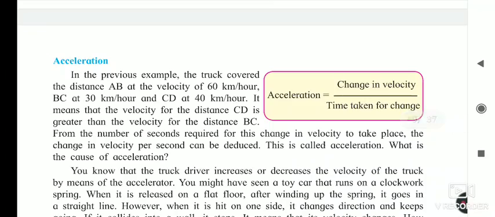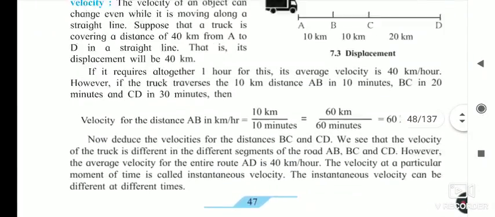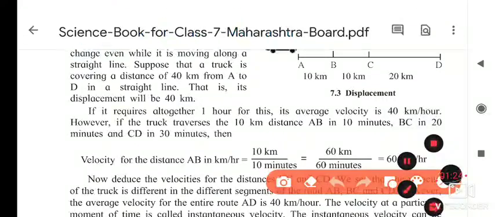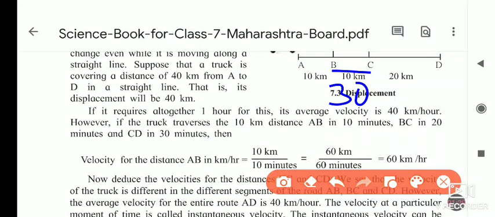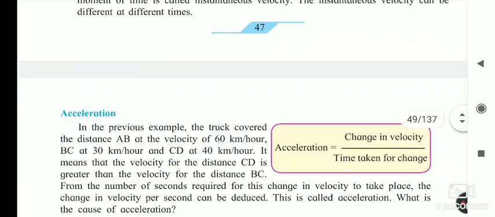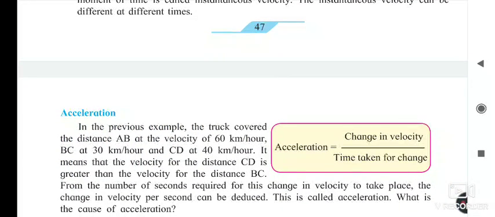BC at 30 km per hour. This BC distance the truck covered at 30 km per hour, and CD at 40 km per hour.